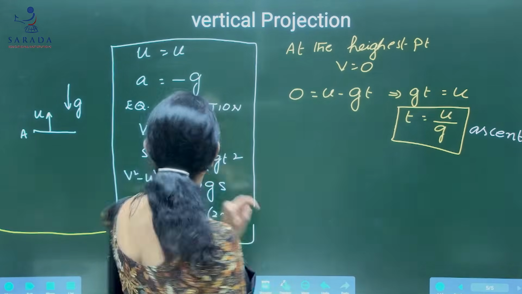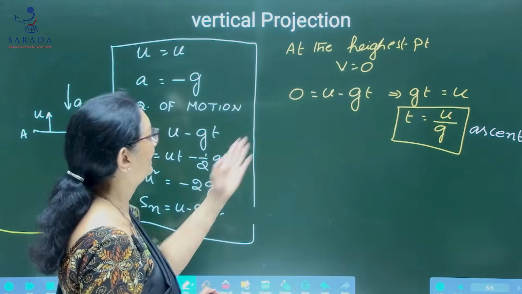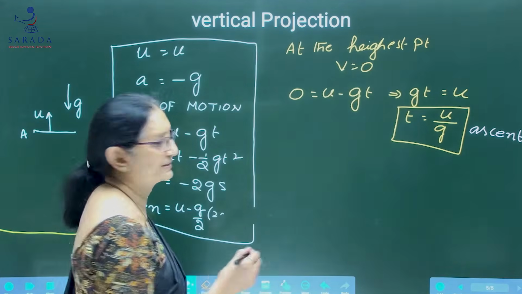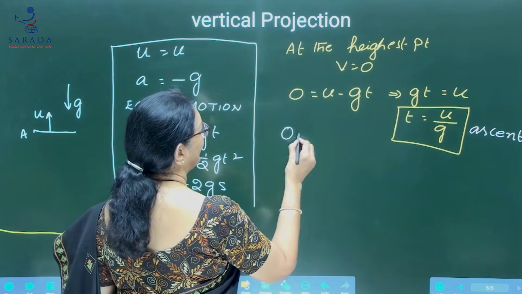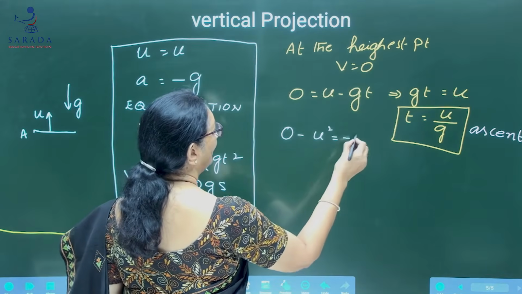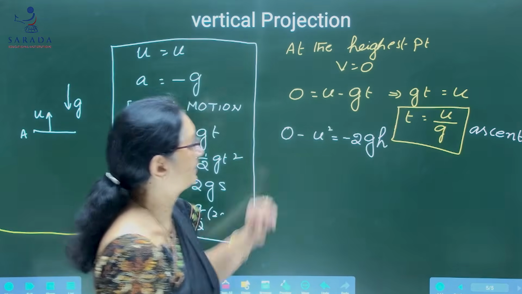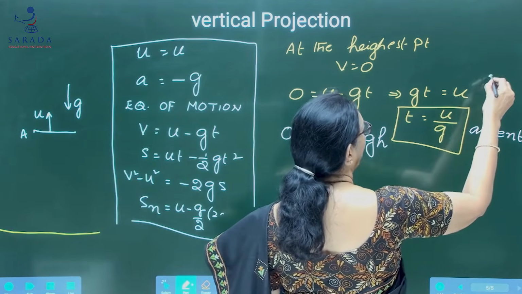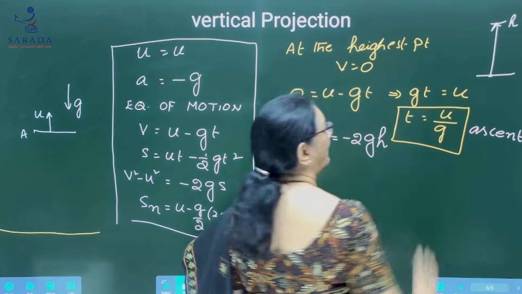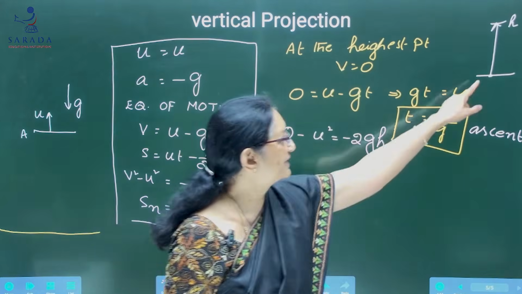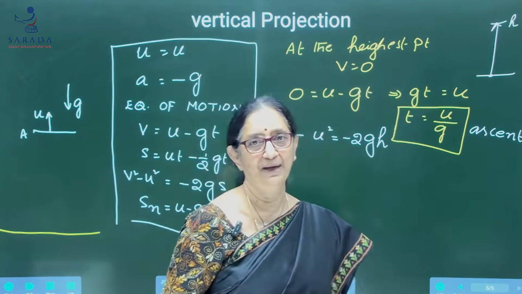That is 1. Coming to the second equation, s is ut minus half gt square. There is no v term, no relevance. Coming to the third equation, v square is 0, so minus u square is minus 2gh. Suppose you project a body here and it reaches the highest point, h is the height of that point. From this point to the highest point, displacement is nothing but the maximum height reached.